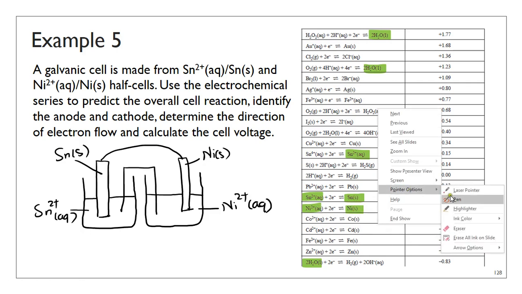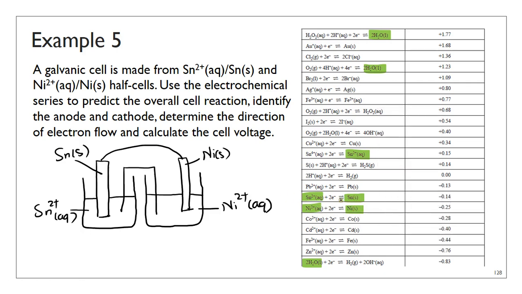Now if we underline or circle the strongest species, the strongest oxidizing agent present is Sn2 plus, and the strongest reducing agent present is nickel. So Sn2 plus reacting with nickel is your spontaneous reaction, which means Sn2 plus undergoes reduction to produce Sn, and nickel undergoes oxidation to produce nickel ions.